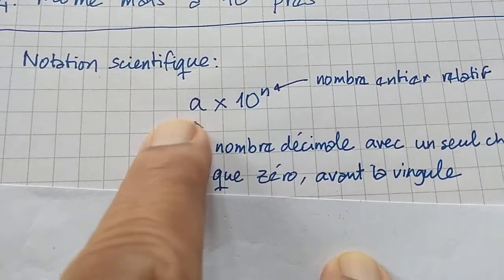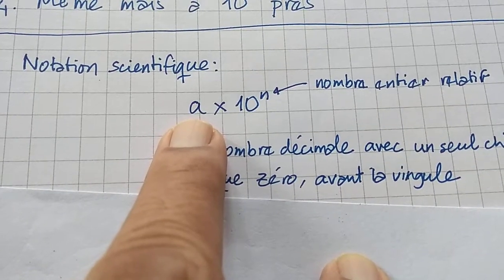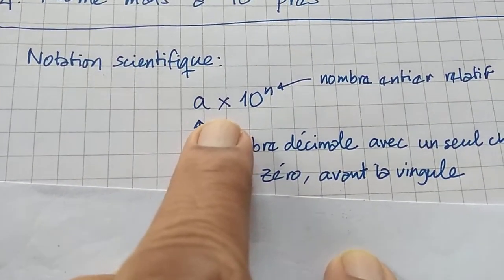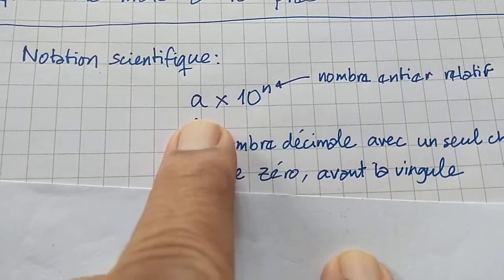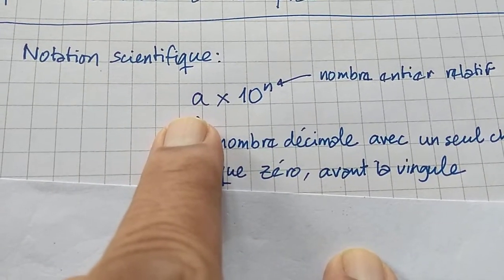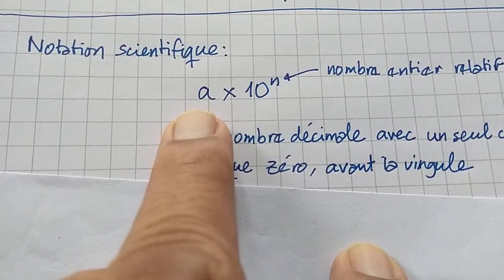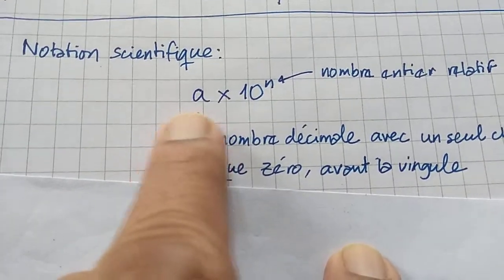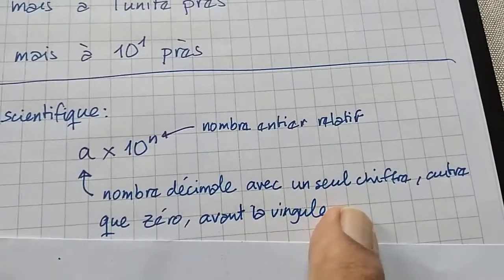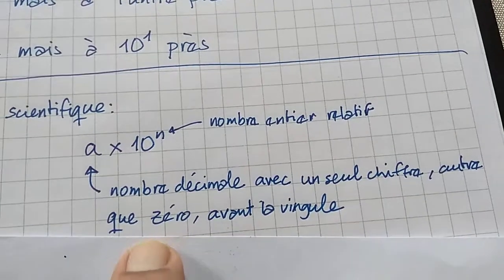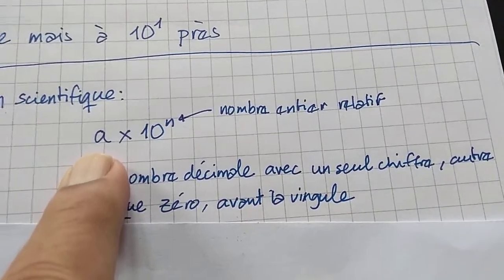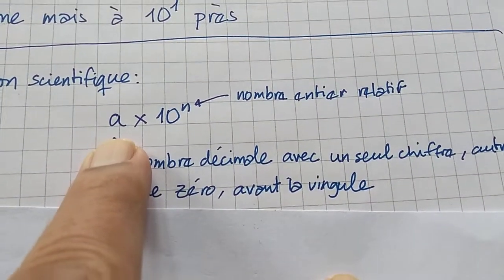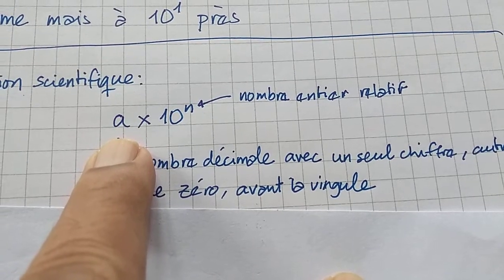It also cannot be 2 digits before the decimal. So it cannot be 12 point something or 33 point something or 5000.0. No, it only has to have one digit other than 0 before the comma. That means 1 to 9 is the value A can take.